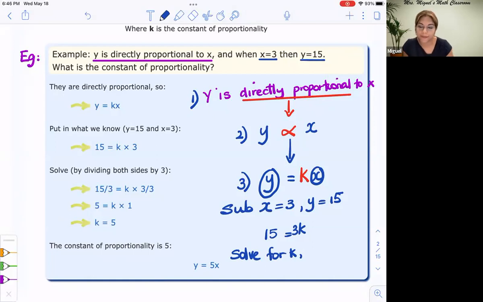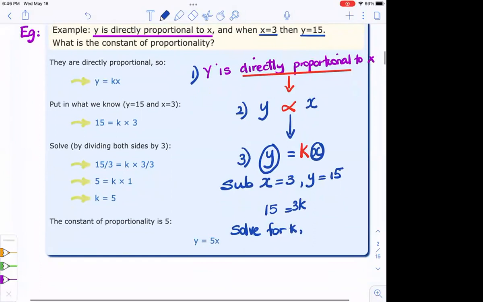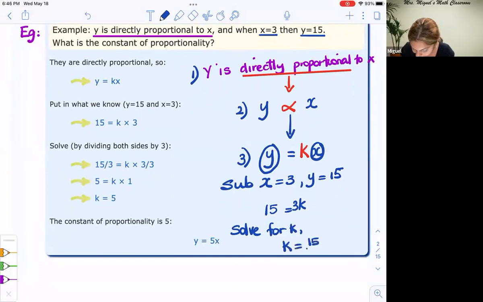How much is K? 5. Right, very good. K is equal to 15 divided by 3. K is 5.